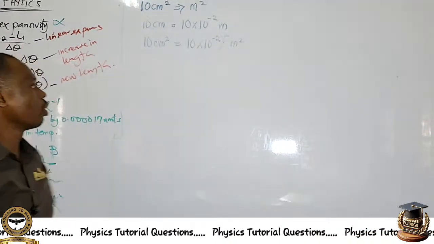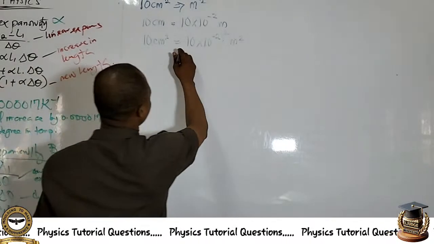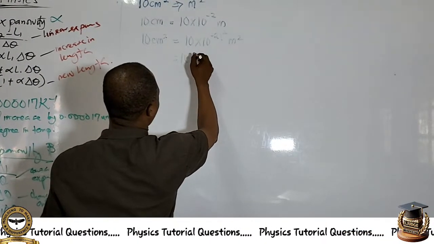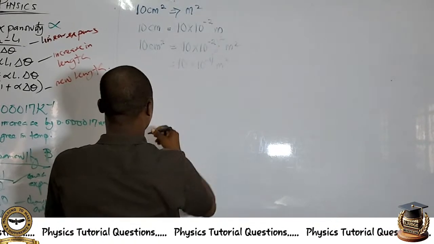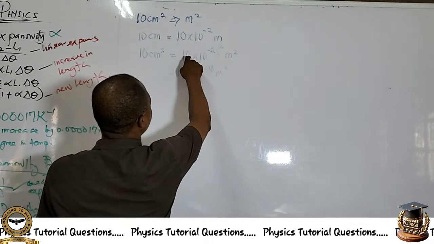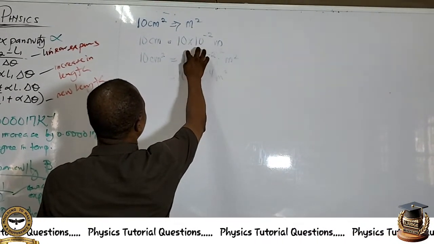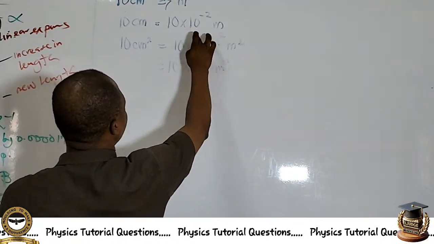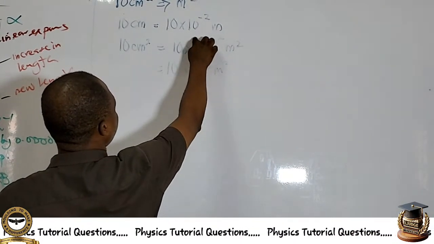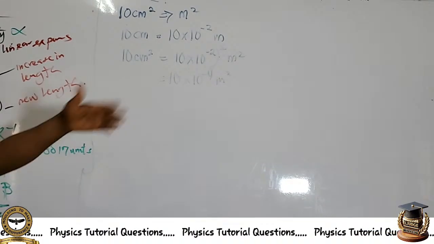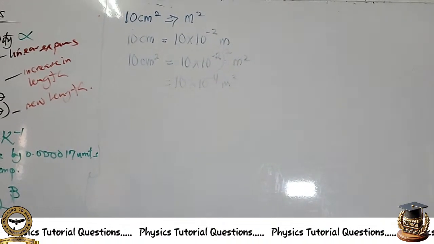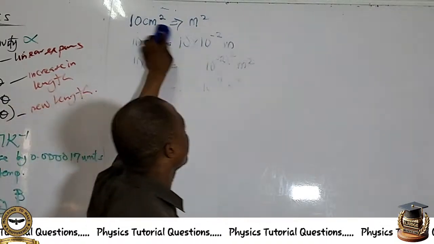That's the meaning. That will give us 10 raised to minus 3 meters squared. Sorry, the square is only for this, that's centimeter squared. Okay, that's not what we are really talking about.